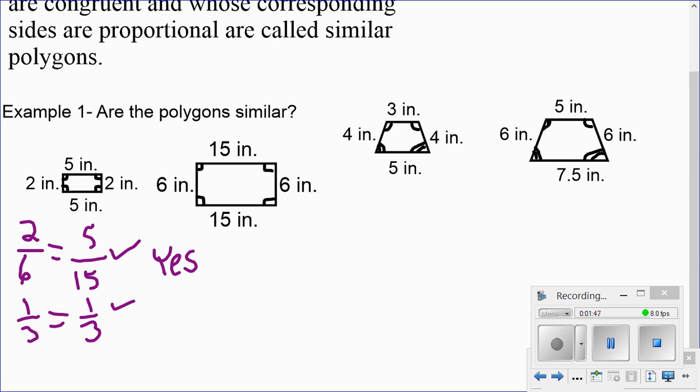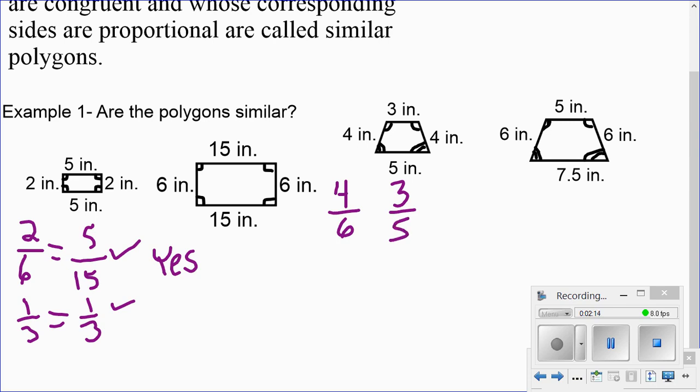So once again, the angles are all marked congruent. Let's check the ratios to see if we have a proportion. So I'm going to start with the 4-inch side in the small trapezoid versus the 6-inch, which is the corresponding side. So let's look at 3, back to the small trapezoid, over the corresponding side, which would be 5.